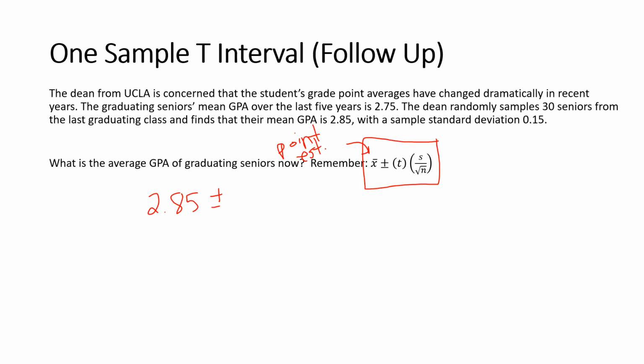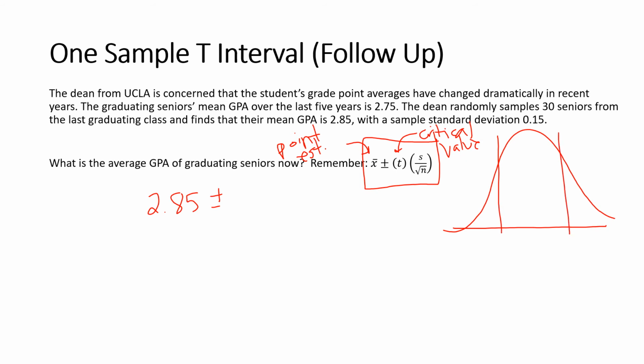All right, to get our critical value we have to look up on our chart. 95% confidence interval. If I draw my curve, 95% confidence interval is going to be 95% in the middle, and of course if 95% is the middle, that leaves 0.025 on either end. And with a sample size of 30, that's going to be 29 degrees of freedom.